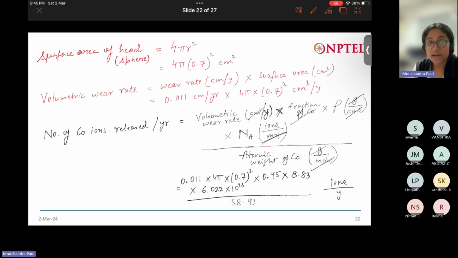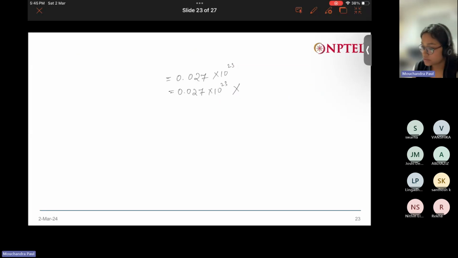So to take that into account, we have to multiply by half here to get the volumetric wear rate. When we multiply half here, as well as in this numerator, now tell me what you get.